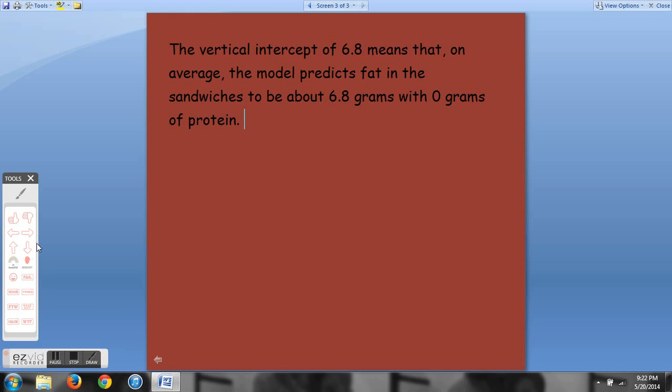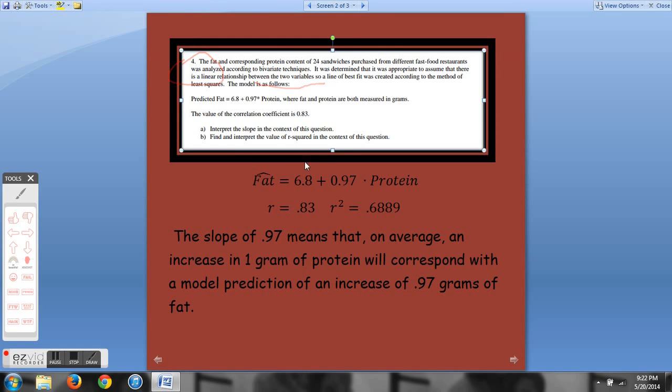You want to have everything, otherwise you will not receive points. I want to circle on average and model predicts as another reminder. Also, referring back to the equation, if you X out the slope term, because the protein is 0, you'll have left your 6.8.